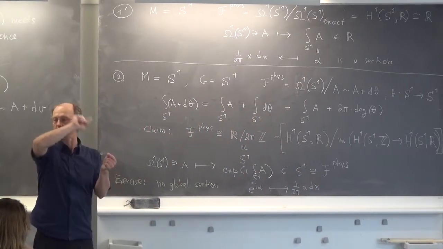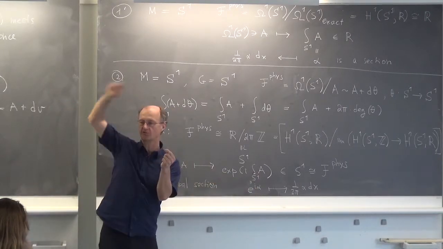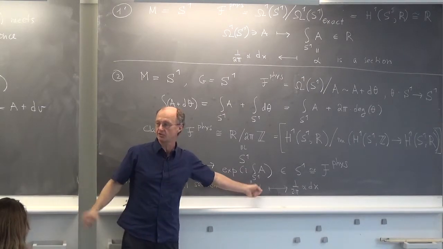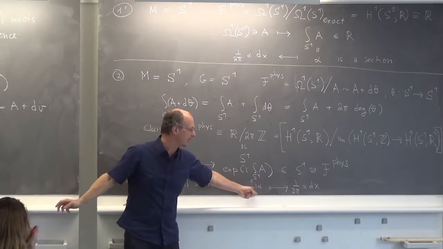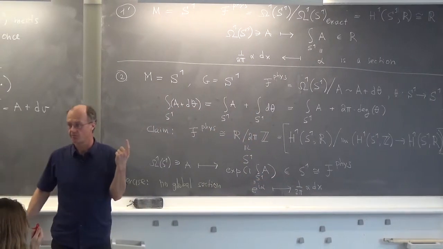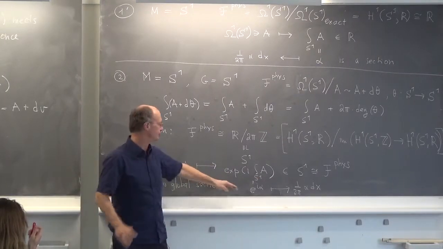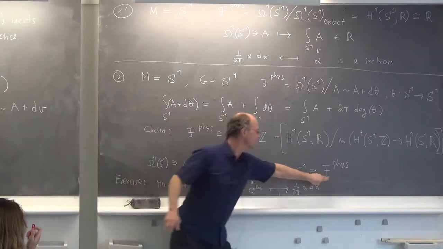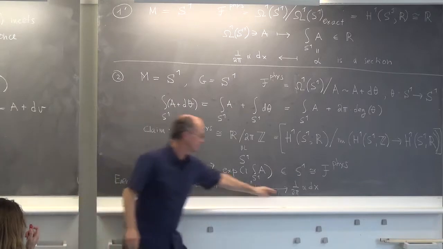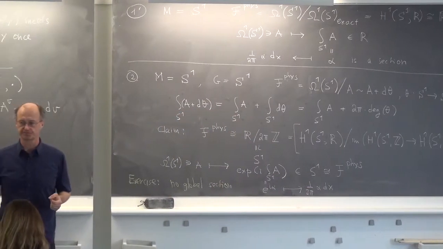But of course, if you go around the circle, then your alpha will start at 0 and will return to 2 pi. Exponential of i alpha at 0 is equal to exponential of i alpha at 2 pi, but the representatives will be different. So you can build local sections. You can introduce charts on your F physical and build local sections over these charts, but you won't be able to build a smooth global section.